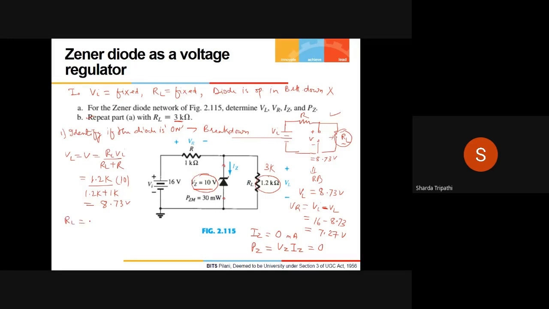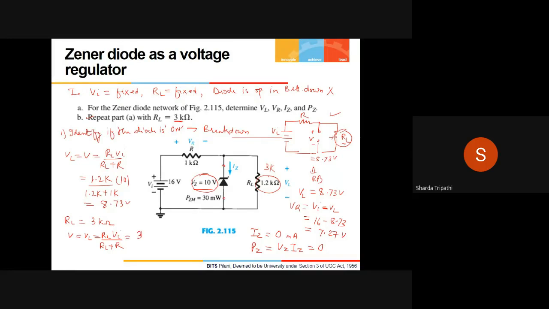So if RL is equal to 3 kilo ohms, then what will be V? This will be equal to VL. Again, the same formula, that's RL divided by RL plus R into VI. So all the values I know.